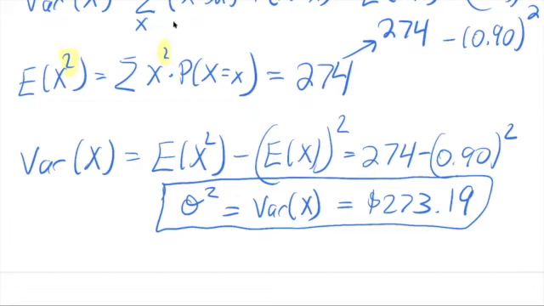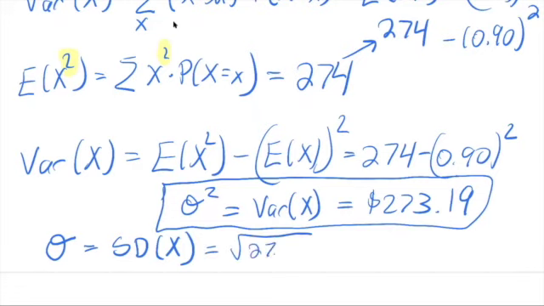If you were interested in calculating the standard deviation, that would be denoted with a sigma. You might denote that with an SD. And we would just take the square root of the variance, which is about $16.53.